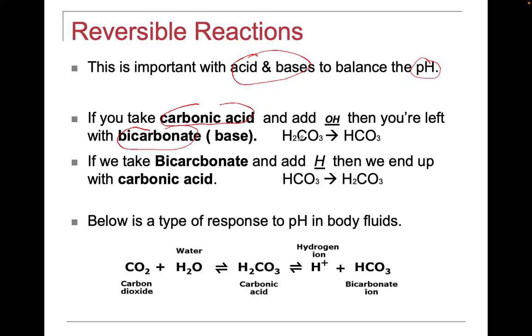If we take carbonic acid, H2CO3, and we add hydroxide to it, so we take something that's an acid and add OH to it, we get HCO3. If we take bicarbonate, HCO3, and add a hydrogen to that, now you get H2CO3.